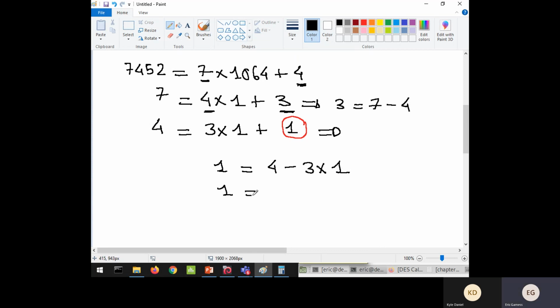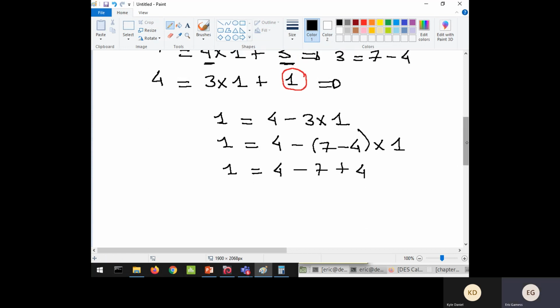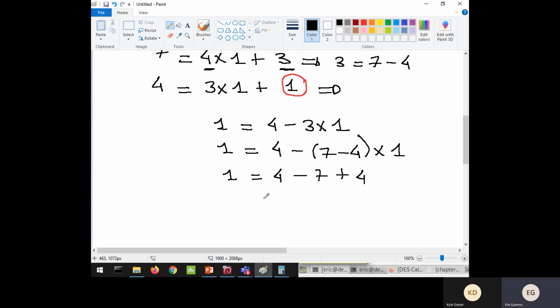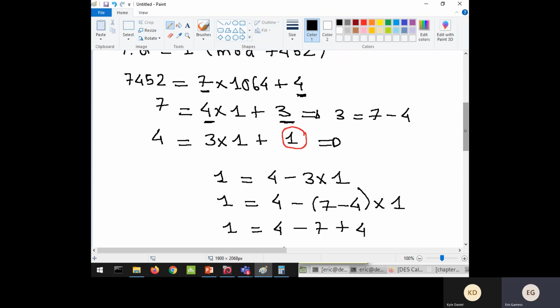So 1 is equal to 4 minus 3, which is 7 minus 4 times 1. I should not even write times 1. So 1 is 4 minus 7 plus 4. So I put the 4 together and the 7 together. So it will be 4 times 2 minus 7. Now we are going to take advantage of this one and replace the 4.